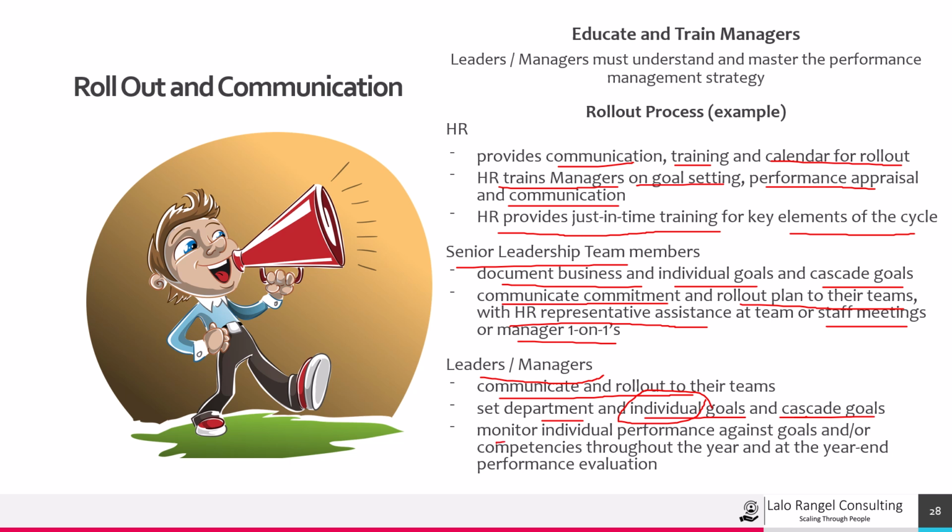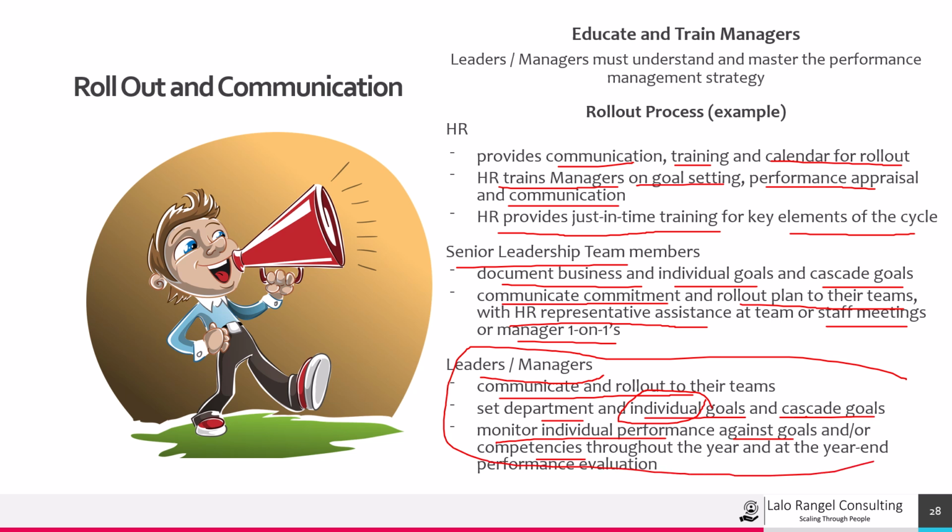And then they're going to monitor individual performance against goals or competencies or values throughout the year. And at the end of the year, they're going to conduct the performance evaluation.